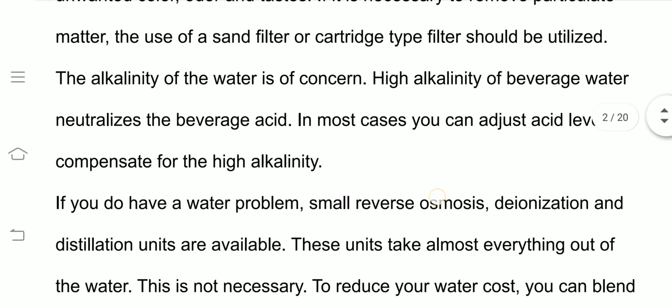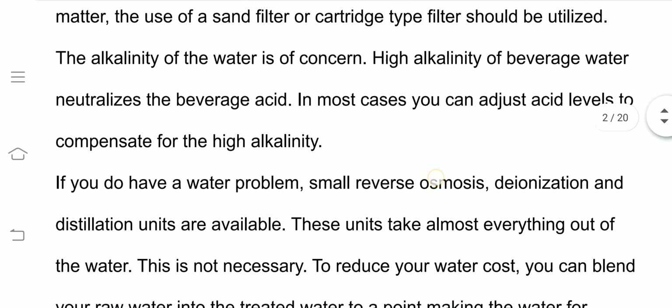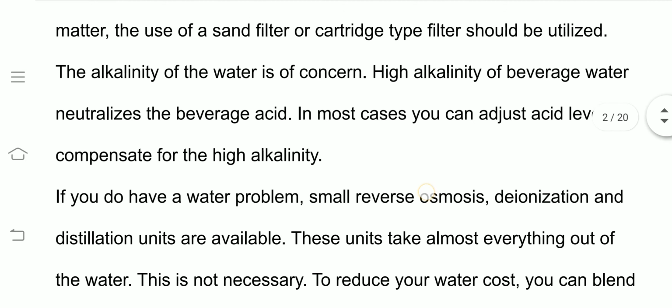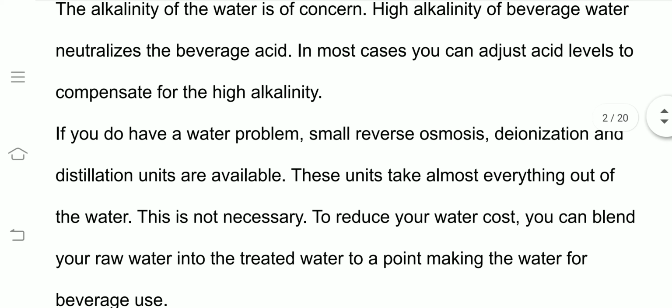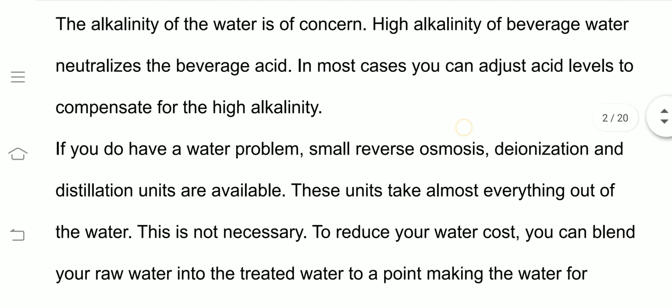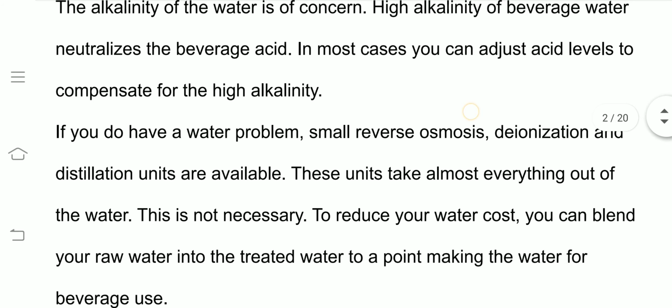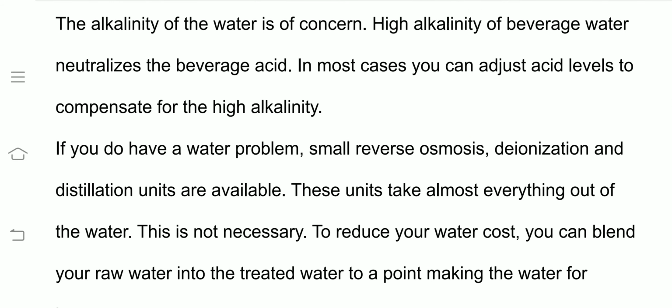Now, the alkalinity of the water is of concern. High alkalinity of beverage water neutralizes the beverage acid, and the acidic flavor of the soft drink is its USP. And the high level of alkaline produces bitter taste also.